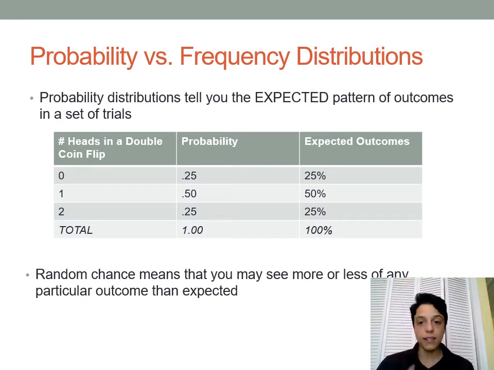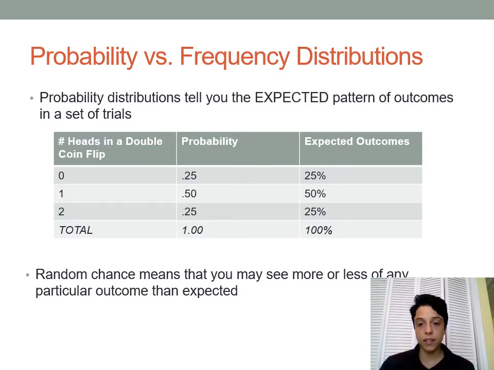This is also why in the example that I showed on the last slide, the mean and standard deviation differed. The probability distribution and its mean and standard deviation tell you the mean and standard deviation that you should expect in any data that you collect. But when you actually run through the trials and record your outcomes, random chance means that those things might differ as well.